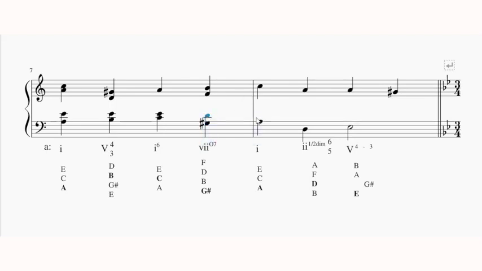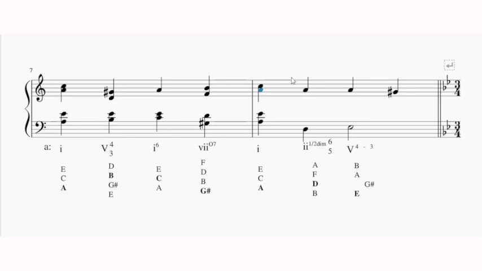For the next chord, which is an A minor chord, we can move the tenor back up to an E. And we can move the F to an A. So the alto would be an A. So as you can see, the tritone resolves to a minor third.